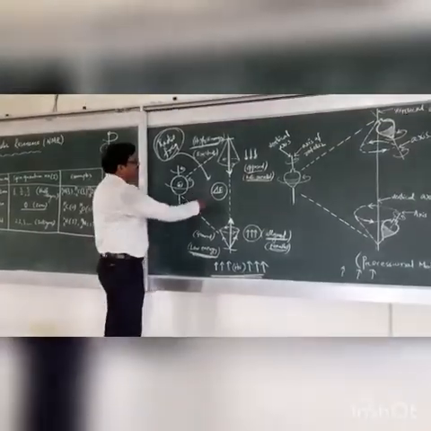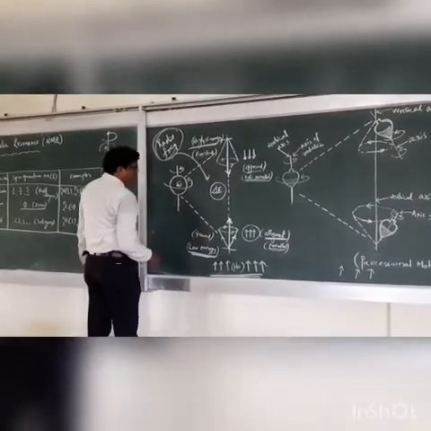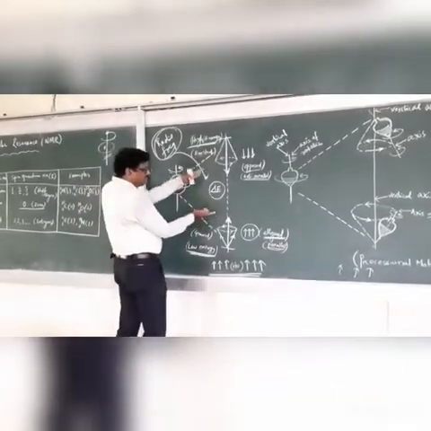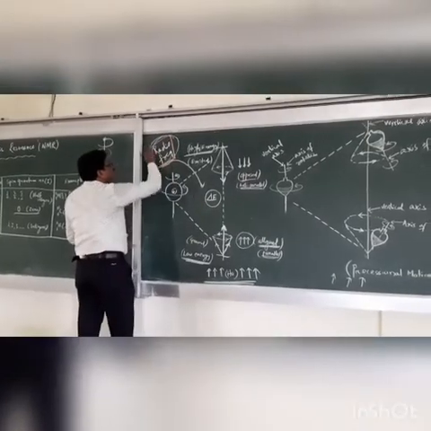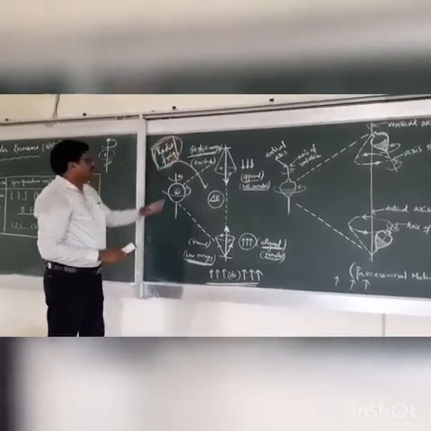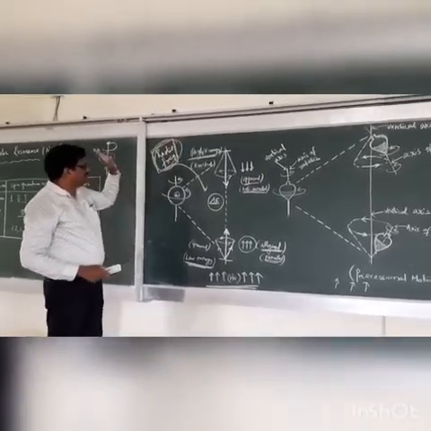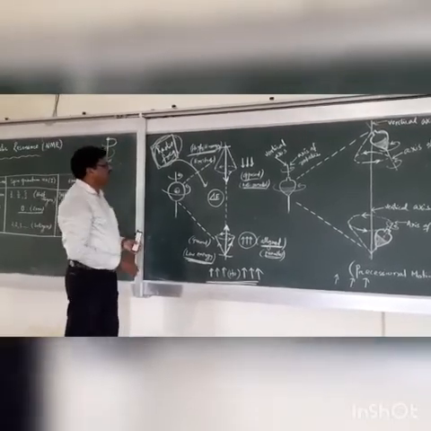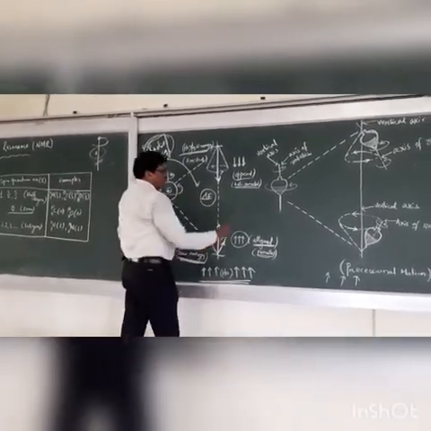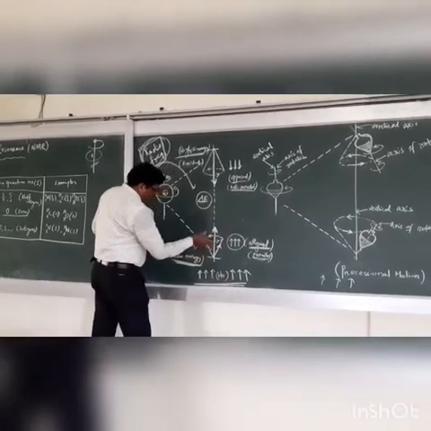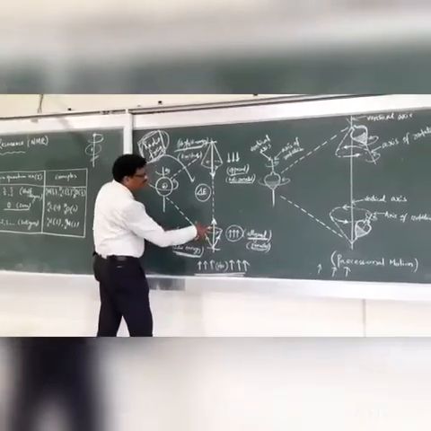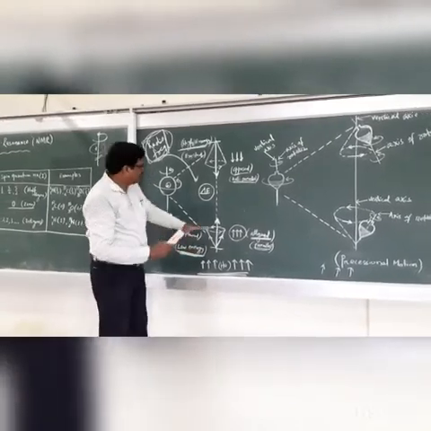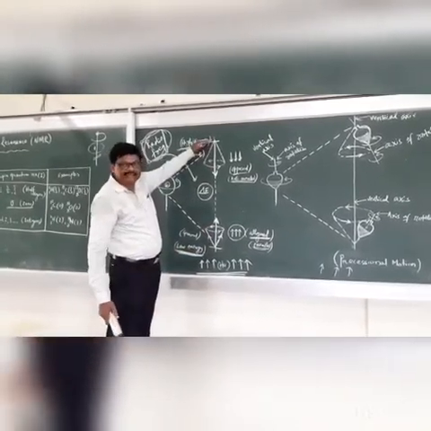So the energy difference between the excited and ground state falls in the region of the radio frequency range. Why the radio frequency range? I am telling you that. Now in this case, if the precessing nucleus in the ground state gets some energy, it will go to the excited state.